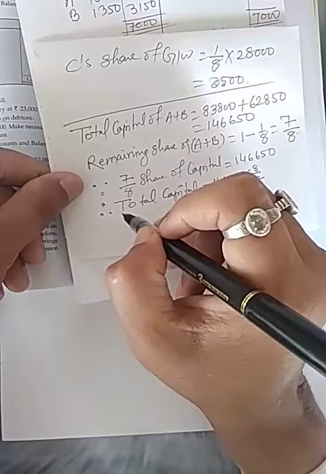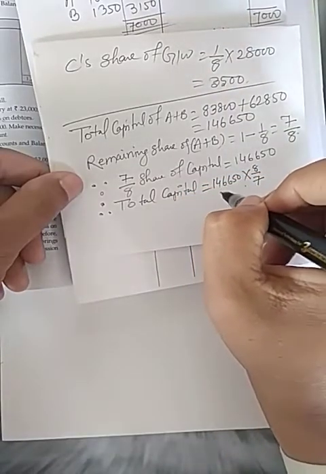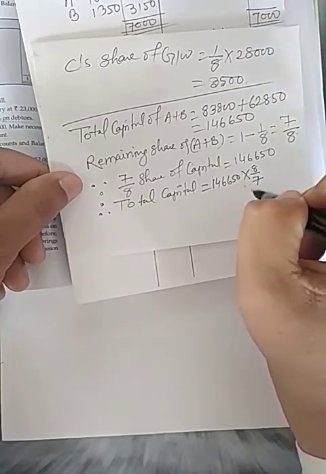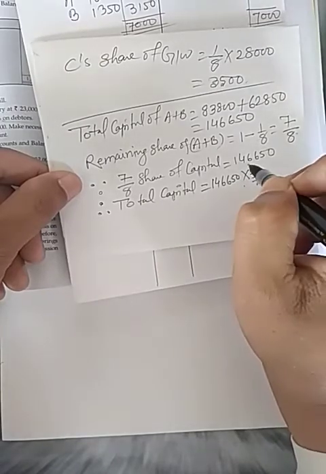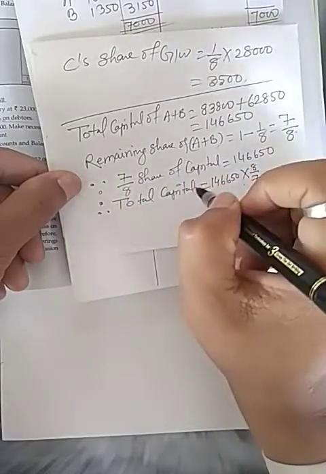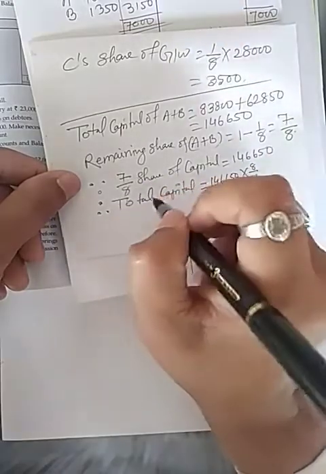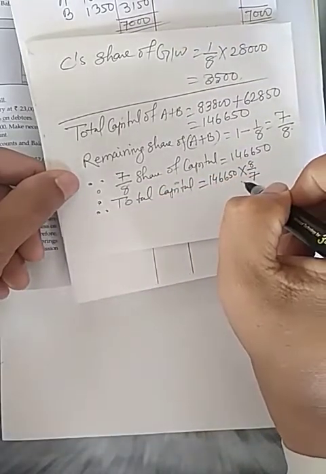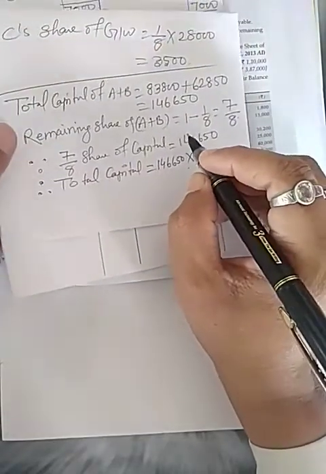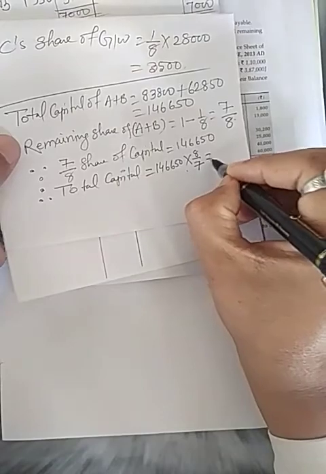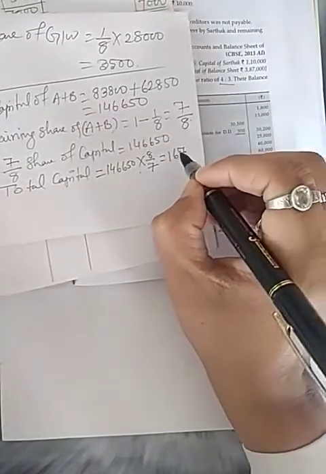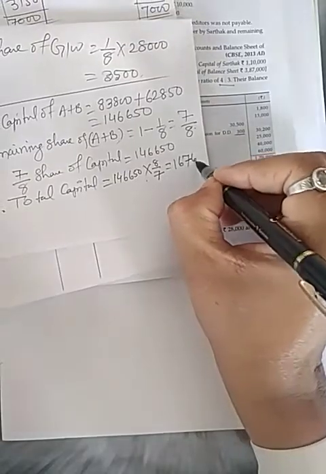Then the total will be 5 into 4/1, which is 20. In the same way it is calculated, and therefore total capital will be 1,67,600.